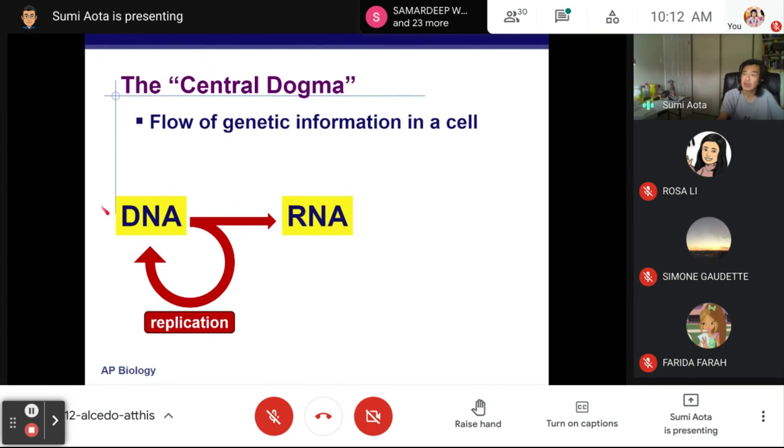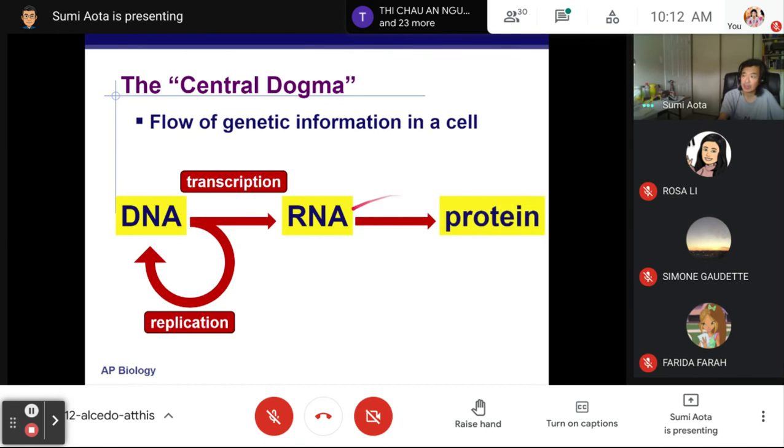It does so by copying itself over to RNA, and that's called transcription. Then the RNA is turned into protein, and that's called translation. This route, DNA, RNA, protein, is the central dogma of genetics.